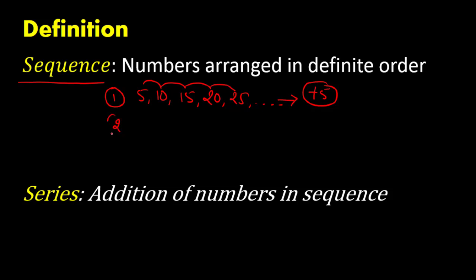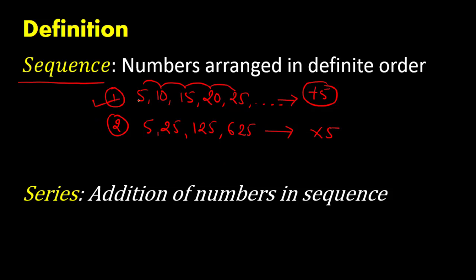The second fixed pattern I can use is 5, next multiply by 5, next multiply by 5, next is 625. So here I am multiplying by 5. This is another fixed pattern.